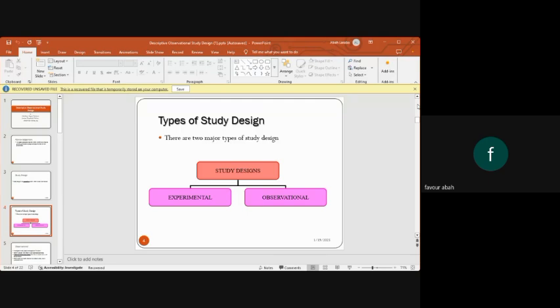It's an experiment I'm carrying out. However, if I'm just going to observe, if I'm just going to watch the entire process, then take my measurements or my records, then it's an observational study design. So there are two types of quantitative study design, experimental and observational.